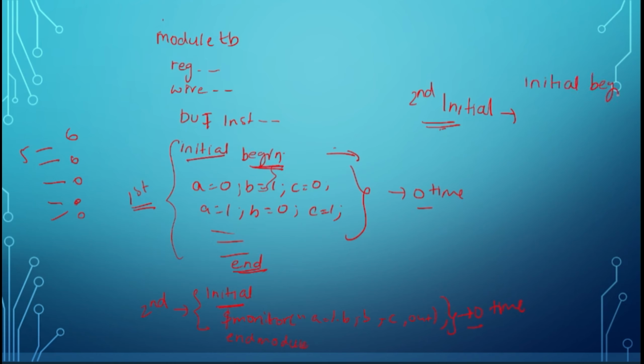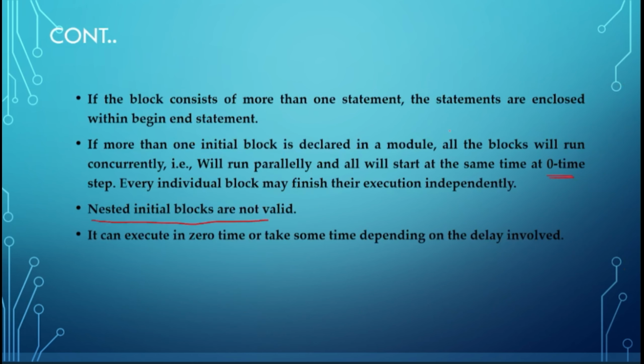Initial, begin, executed some statements, and again writing initial, again begin, and then executed some statements, ended this initial block here, and then ended this initial block here. This is the wrong case. Got my point? Nested blocks are not allowed in an initial block.